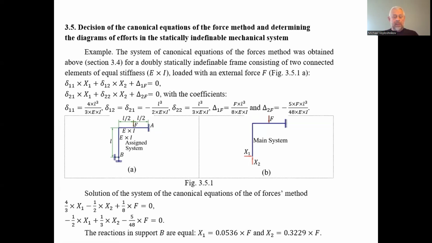But to decide this kind of mechanical system, to find the support reactions, is one of two main issues of statics. We have to consider this frame as deformable, and we have to develop for the system the canonical equations. For example, we can use the widely used force method.